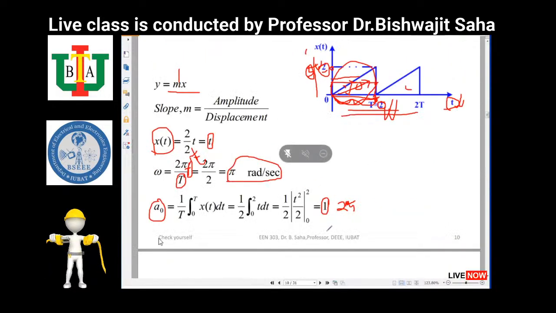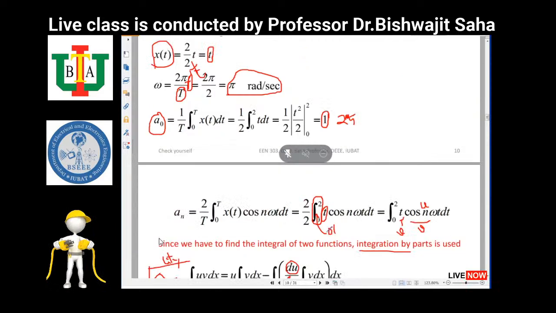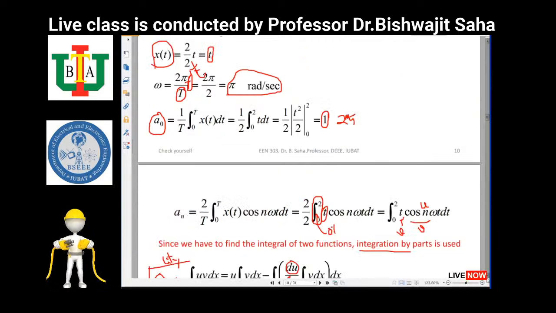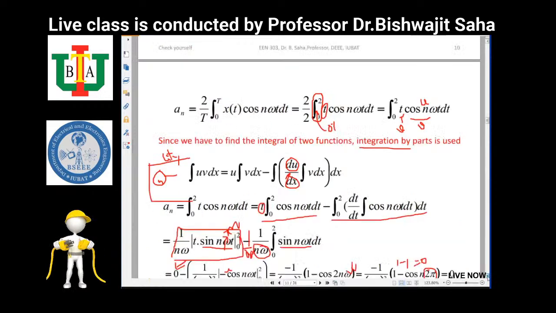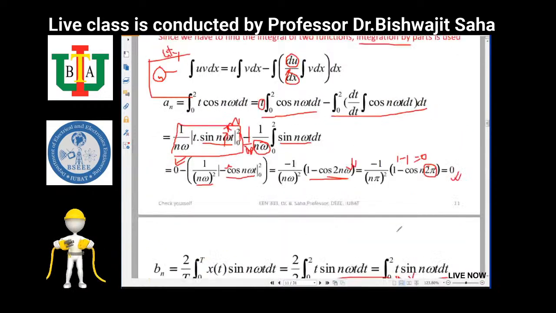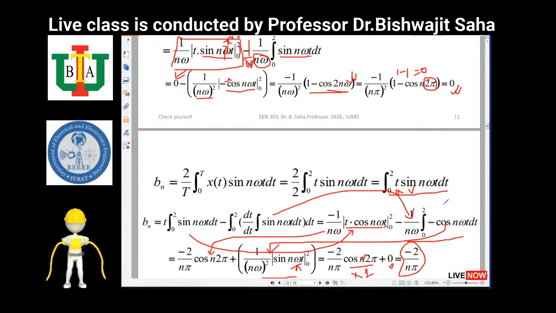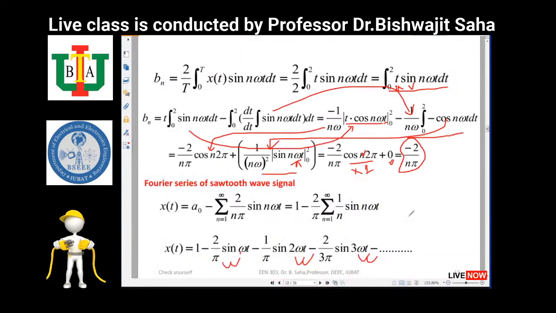A0 exists, very fine. Then An total is 0. You see? Whereas in even function symmetry, A0 and An exist. Understand? So that, and here Bn exists.